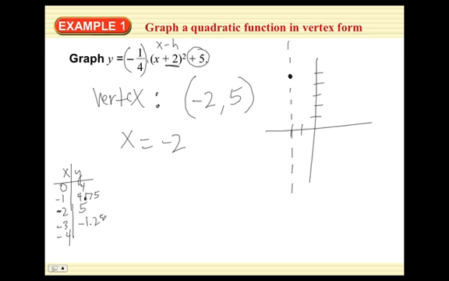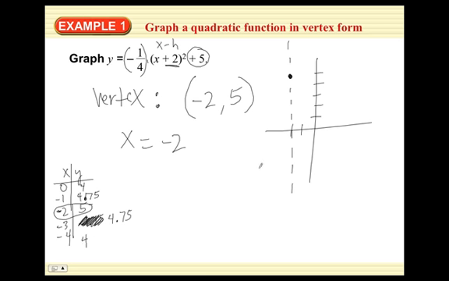Hmm. -4, 4? Something seems to be off. Because it should be symmetrical, right? Yeah, -3 should be 4.75 because this is symmetrical, right? This is in the middle. Well, it has this point on both sides. It has 4, 4. Should be symmetrical.